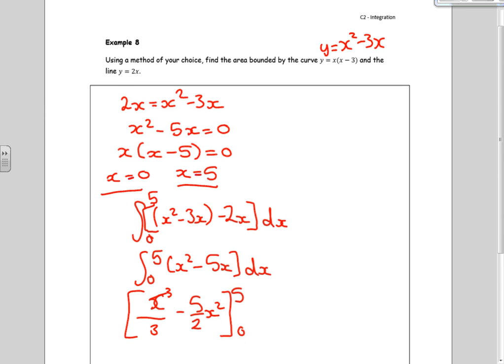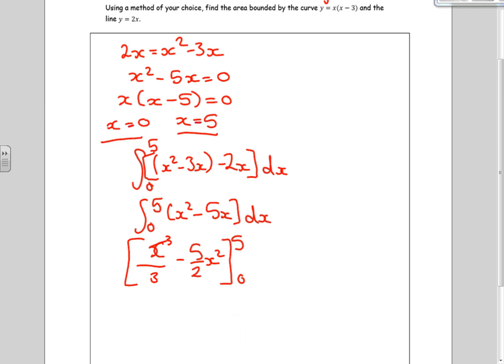When I substitute in 5, I get 5 cubed, which is 125, divided by 3, so that's 125 over 3. And then when I substitute in 5 again, I get 5 lots of 5 squared, which is 5 lots of 25, which is another 125, but this time over 2. And when I substitute in 0, I just get 0 minus 0.